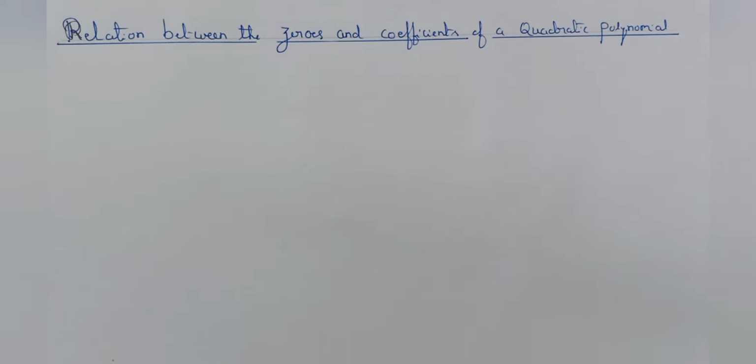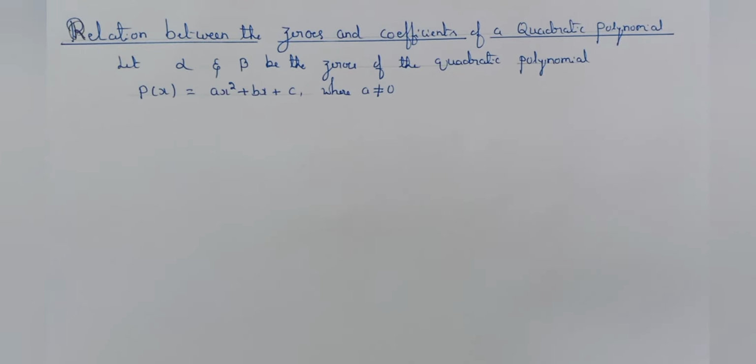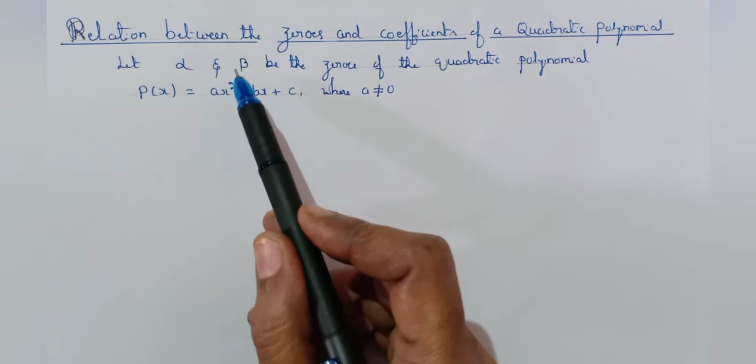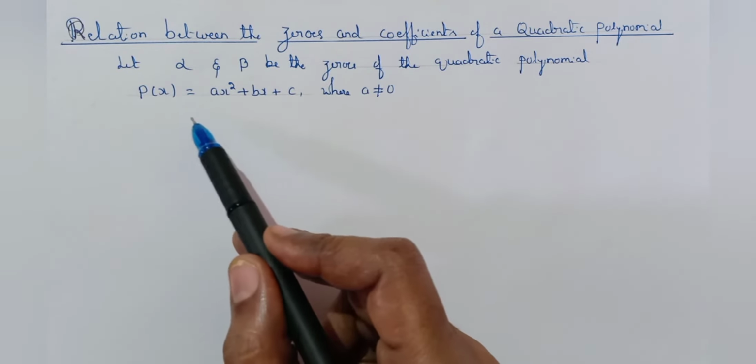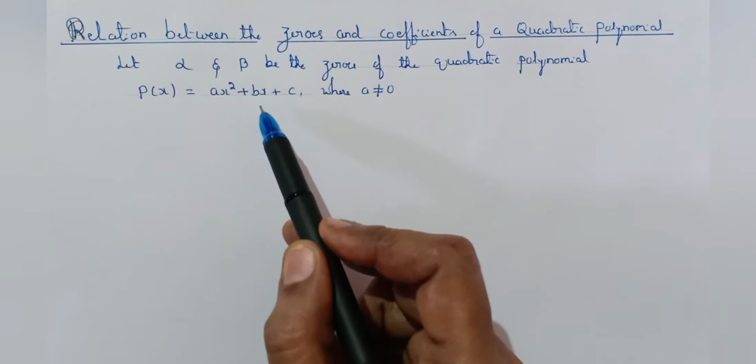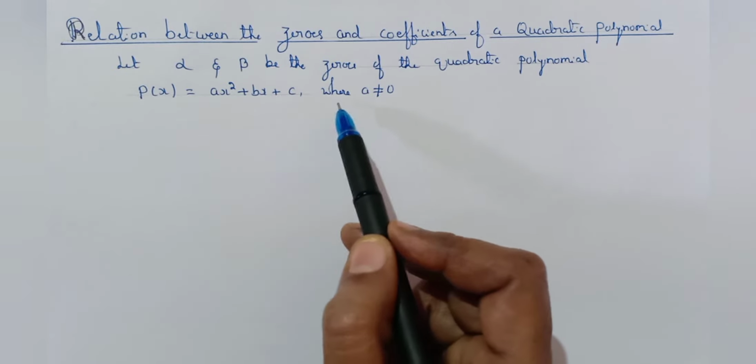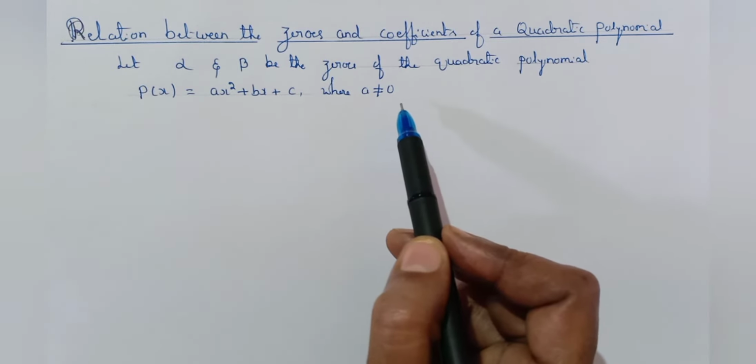Next is relation between the zeros and coefficients of a quadratic polynomial. Let alpha and beta be the zeros of a quadratic polynomial p of x is equal to ax squared plus bx plus c, where a is not equal to 0.